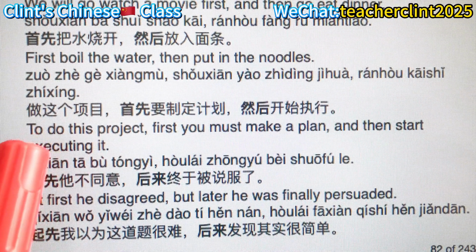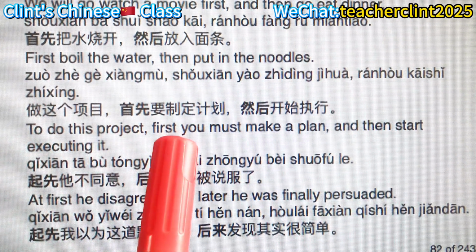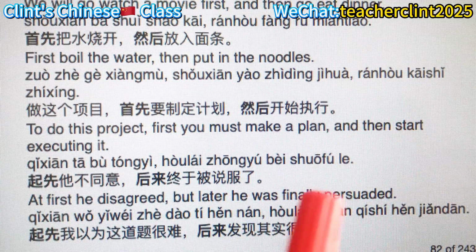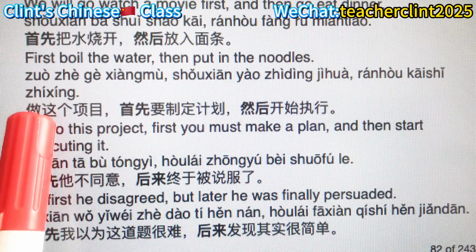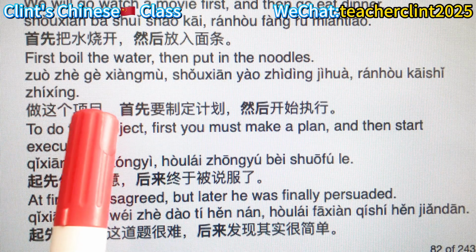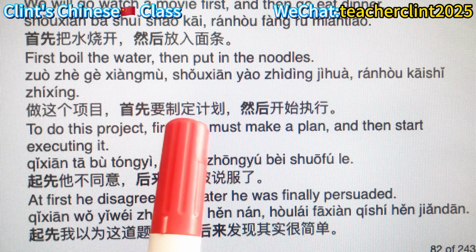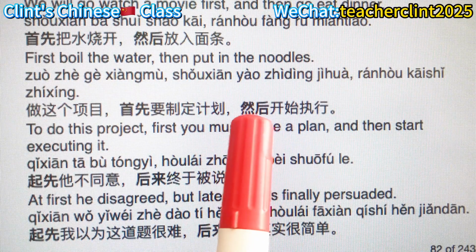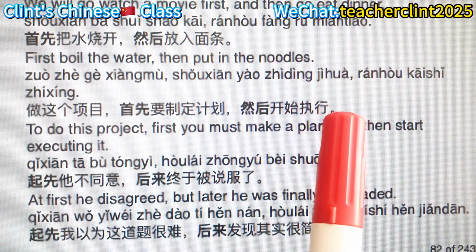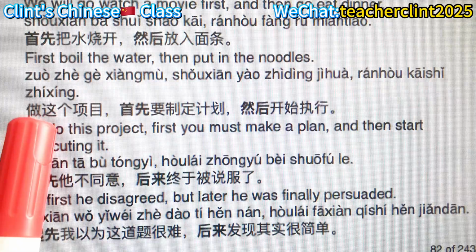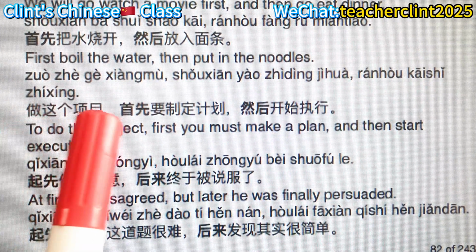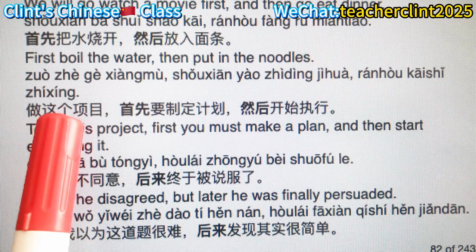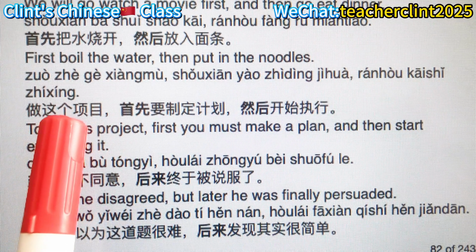Next one. To do this project, first you must make a plan and then start executing it. 做这个项目，首先要制定计划，然后开始执行。So, given this topic sentence. 做这个项目，做 do 这个项目 noun phrase as the object.